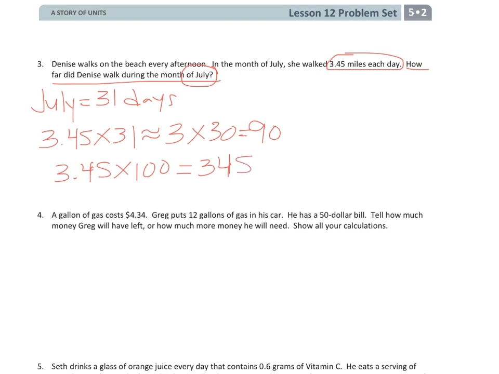And now I can go ahead and find out 345, multiply that by 31. 1 times 5 is 5, 1 times 4 is 4, 1 times 3 is 3. That's an easy multiplication for the first partial product.